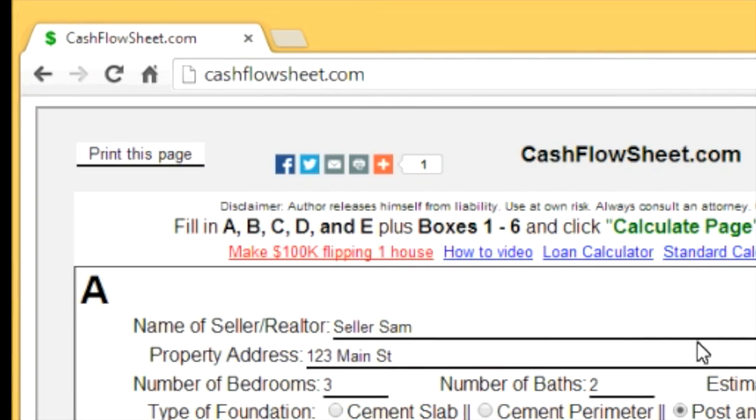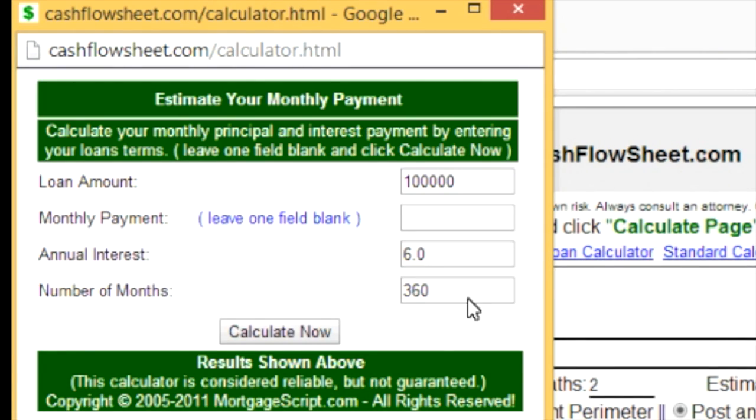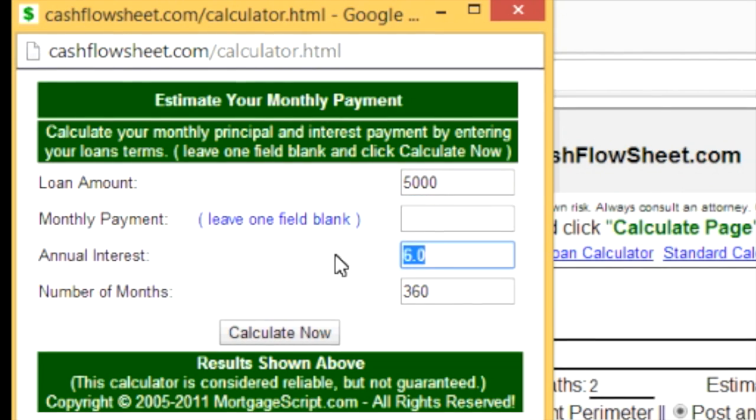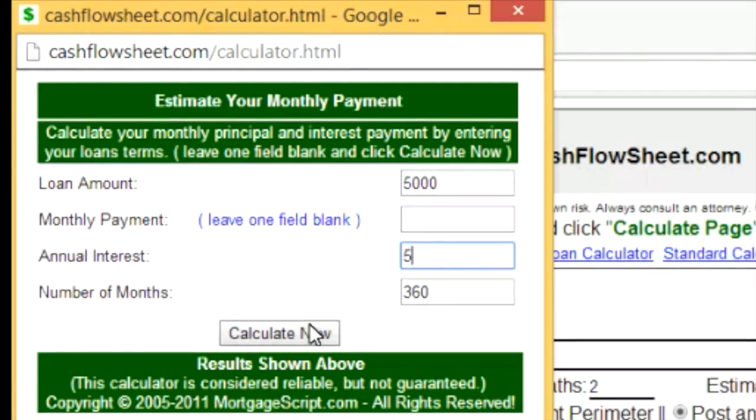Also, there is a loan calculator just in case you have to finance other items. I don't know what you'd finance, but if you did need to finance other items, you can put in whatever dollar amounts over here, put in whatever interest rates, and as long as you put 3 of the 4 terms that make up a loan, you can hit calculate now and it will give you the monthly payment.